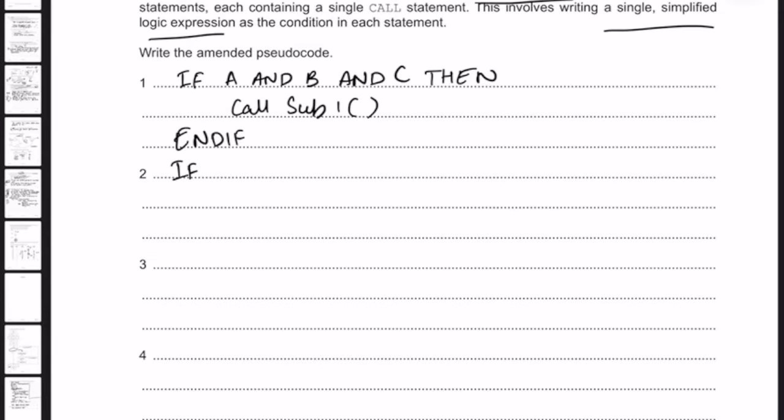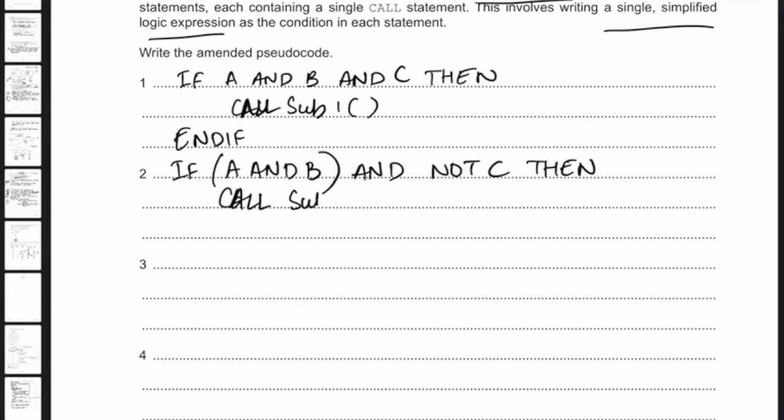So we want only A and B to be true. If A and B and not C, because we want C to be false, and not C, then call sub 2, end if.